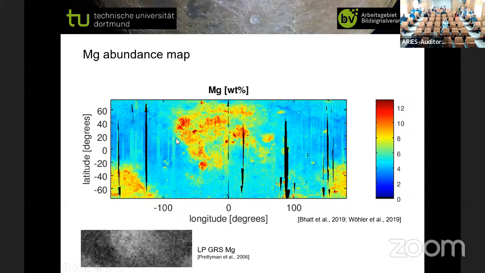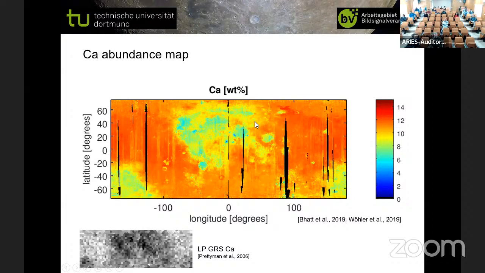Yeah, there is a difference between Maria and Highlands, but here you can, for example, see that a large area which is partially covered by Highlands also has a large magnesium value. And for calcium, there is again a very clear distinction between Maria and Highlands.